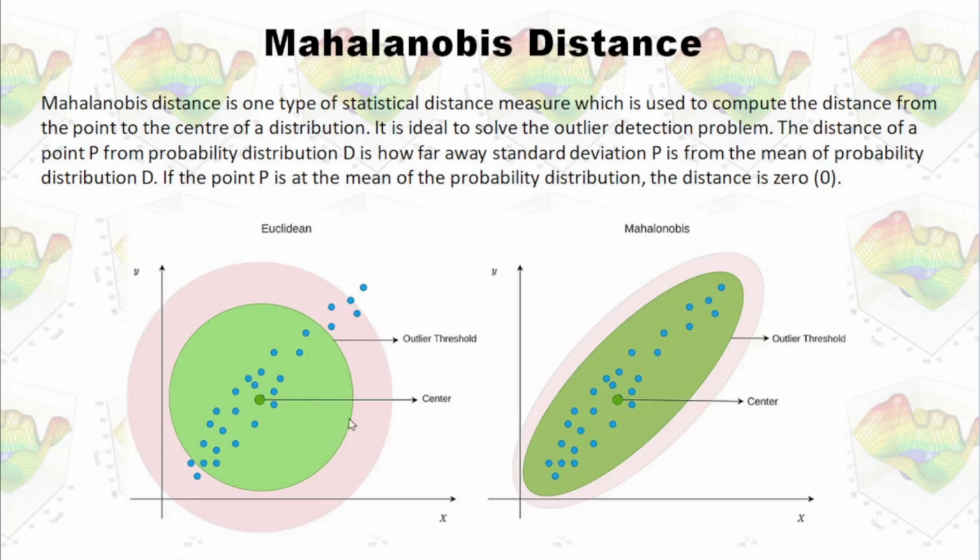So, for example, we have a distribution like this, and then we have the center of this distribution. If we have a point here, Mahalanobis distance calculates the distance between this point and the center of the distribution.